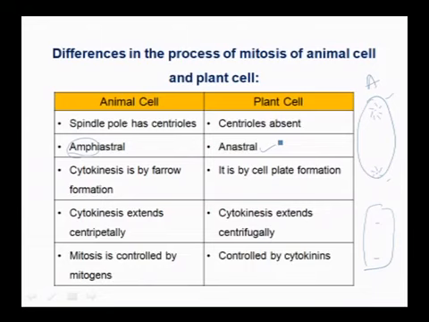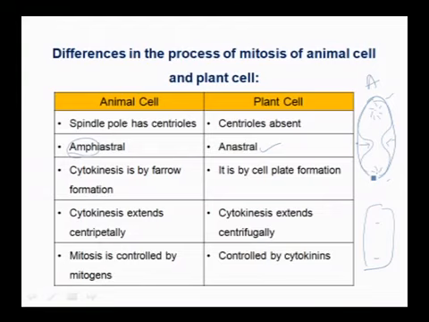Next, moving on to cytokinesis. Cytokinesis in animal cell is occurring with the help of furrow formation. So, furrow formation occurs at the periphery here, and the filaments, microtubules, all these will start pulling the plasma membrane towards the center of the animal cell, as a result of which the animal cells will show the furrow or cleavage like this.